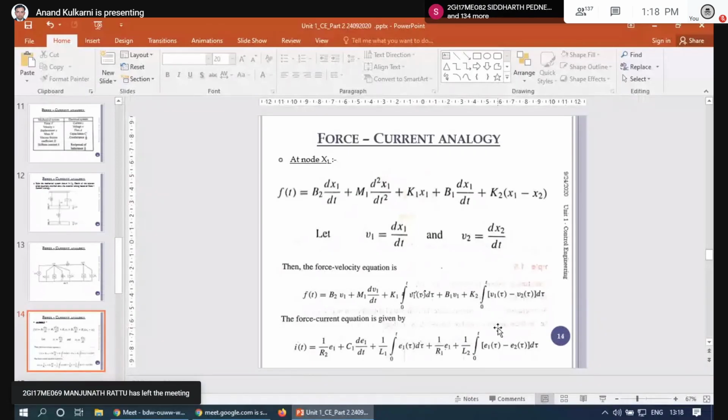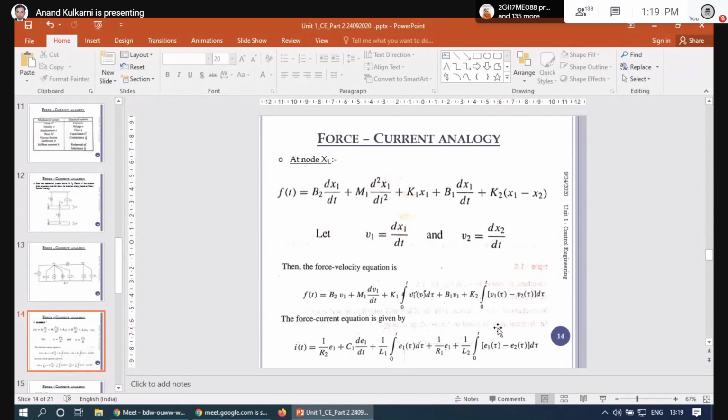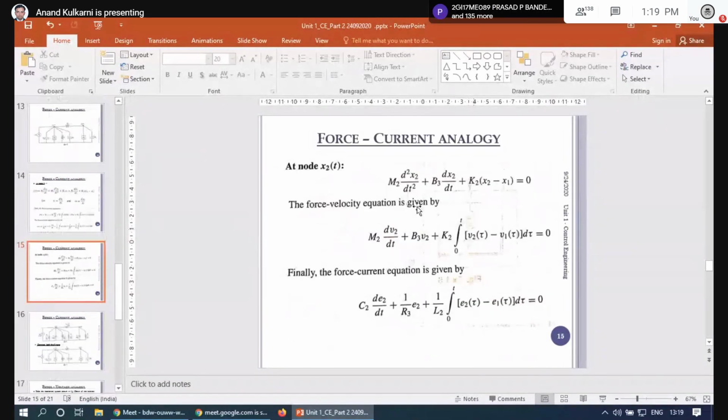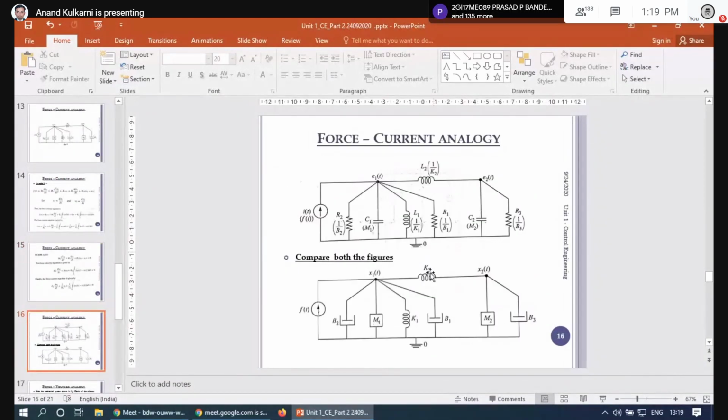Both ways are correct, absolutely no problem. We have to fix whether to keep the mechanical equation as a reference and convert the electrical system into it, or the other way around. Whatever you do, you are going to get the same answer.